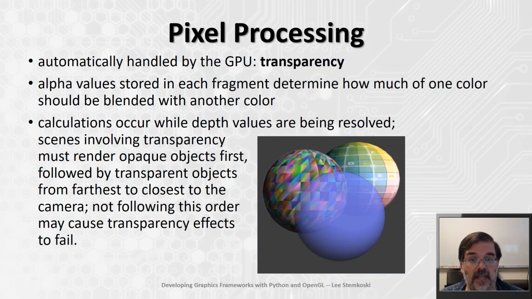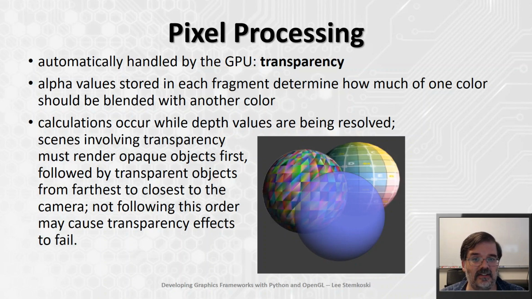Another feature handled at this stage automatically by the GPU is transparency, and this uses the alpha values stored in each fragment to determine how much of one color should be blended with another color. However, working with transparency in pixel processing is subtly difficult, and so you have to be very careful. The transparency calculations occur at the same time the depth values are being resolved.